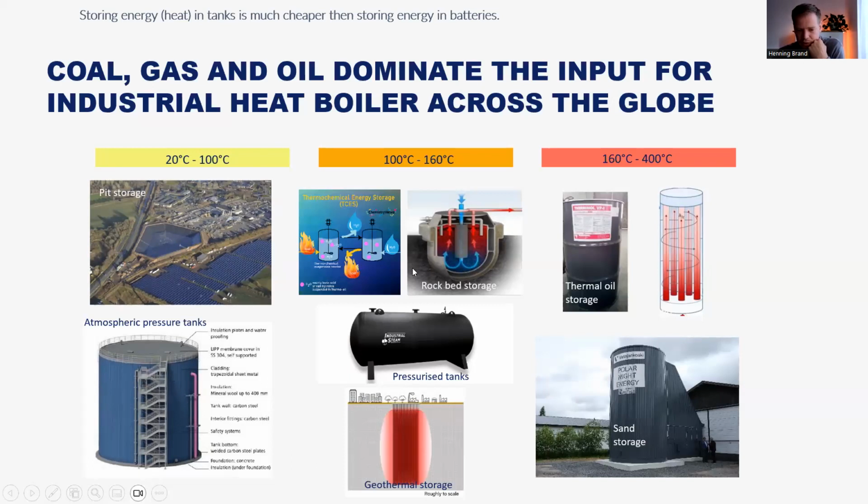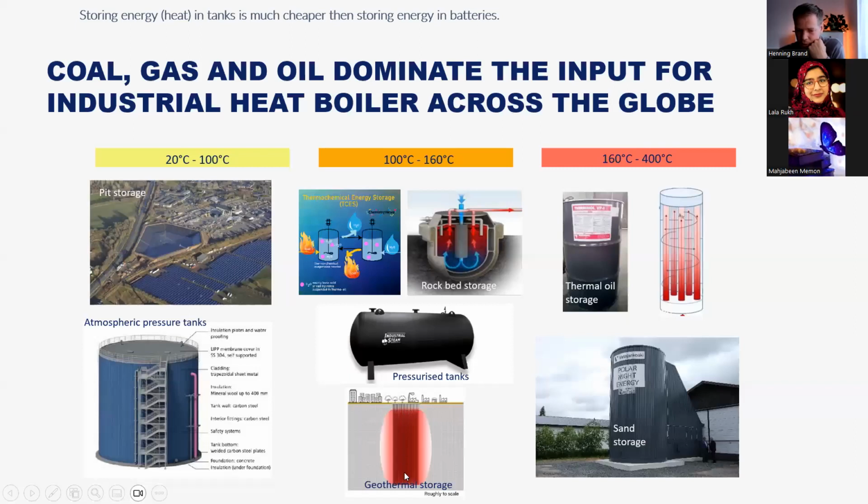These are just atmospheric. There's the thermochemical storage that can go a little bit higher. There's rock bed storages that use stone material that can go above 100 degrees. You can use pressurized hot water storages. And there's also geothermal storages that can go above 100 degrees.